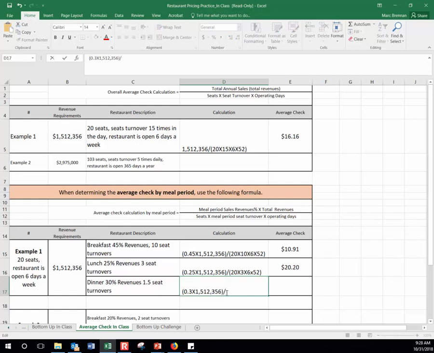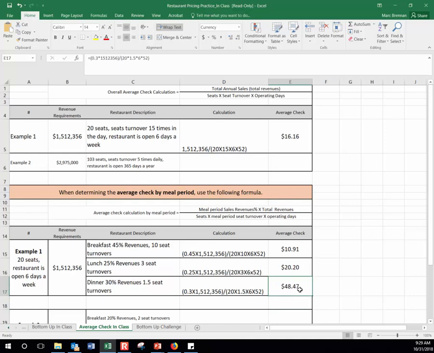And we divide that by how many seats we have times how many times they turn over during this meal period, which is 1.5, then times 6 times 52 days in a year. If we do that, 0.3 times my revenue requirement divided by 20 times 1.5 times 6 times 52.